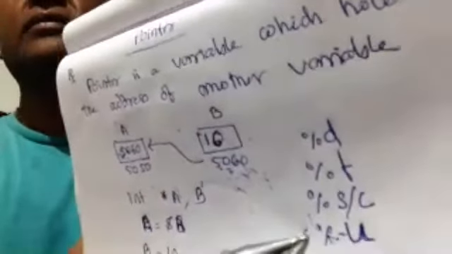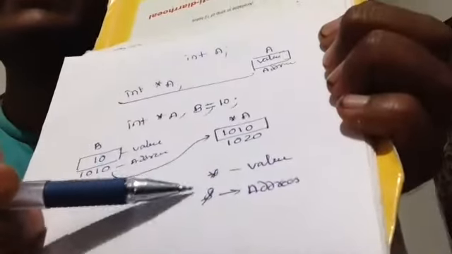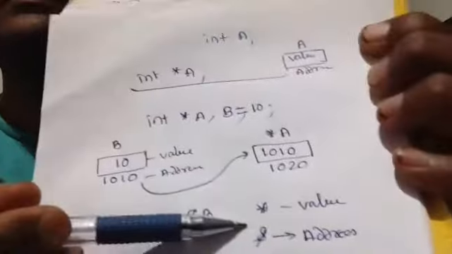Okay. Now come to the first part, printf percentage U ampersand B. What ampersand says? I have already given two symbol is used in pointer. One is star, another is ampersand.